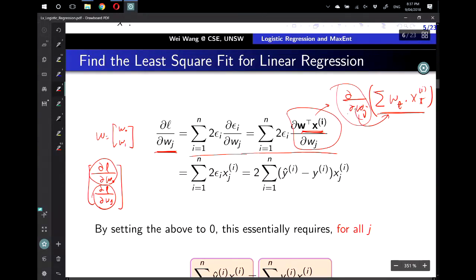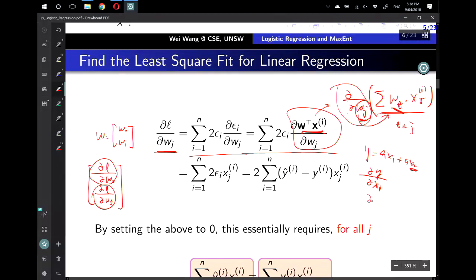And we know that if you do the partial derivative with respect to Wj, if t does not equal j, it doesn't matter. It's almost like if you have y equal to ax1 plus ax2, right? If you do the partial derivative with respect to x1, you treat x2 as a constant.